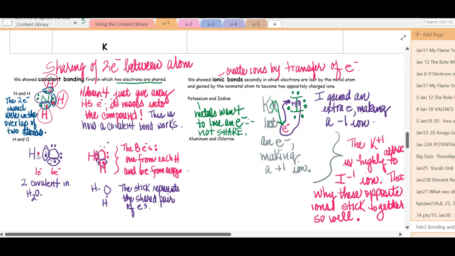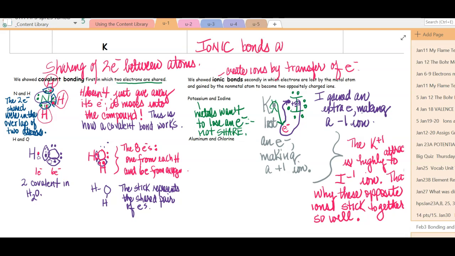Which is stronger? Oh my gosh! Ionic bonds are much stronger. Talk about a force of attraction.